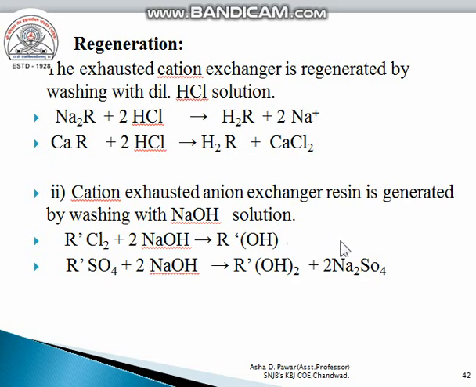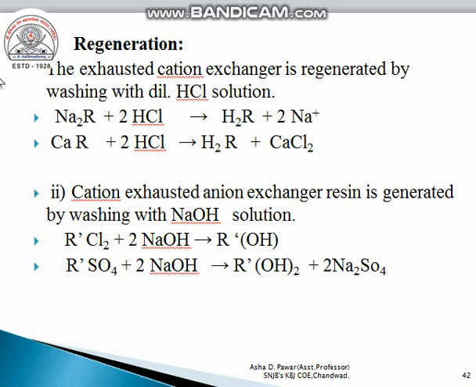Here the byproduct is twice NaCl. In the second reaction, R' SO4 is the exhausted anion exchanger bed. If we pass NaOH through it, the exchange reaction takes place and forms R' OH twice plus the byproduct Na2SO4.